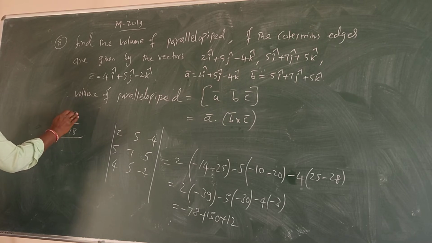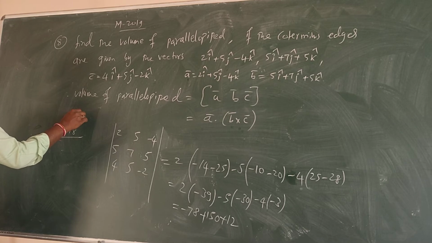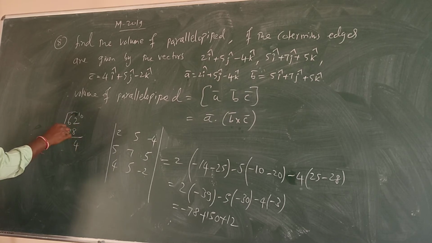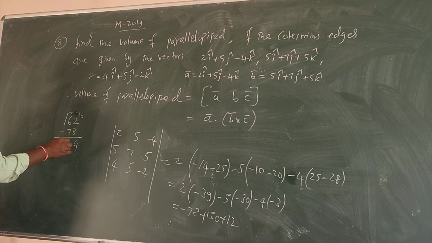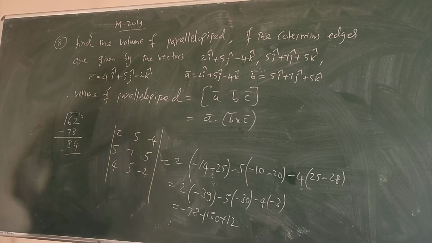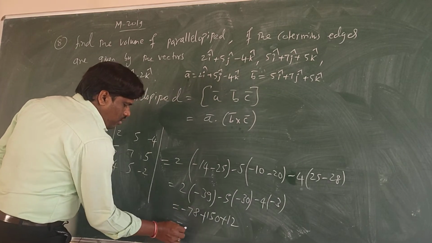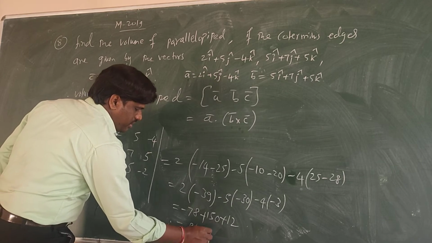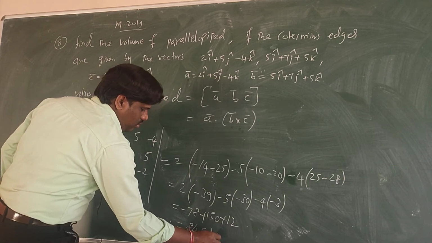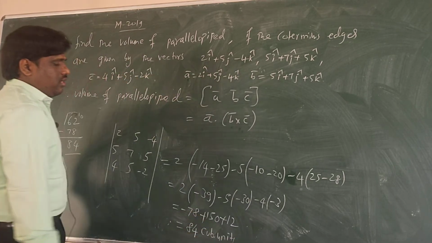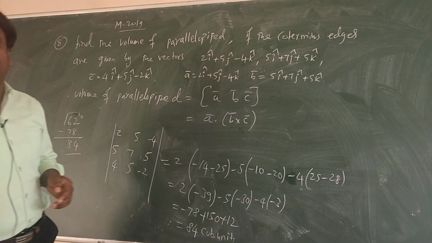So you get the answer 84. Correct? 84 cubic units. So this is the way to find the volume of parallelepiped.